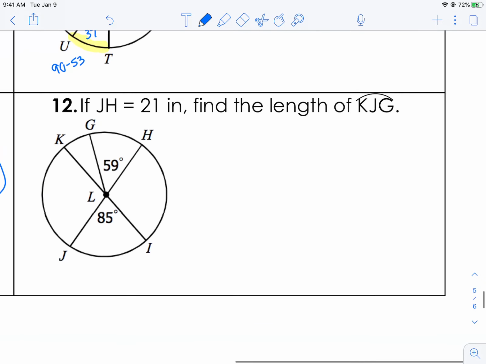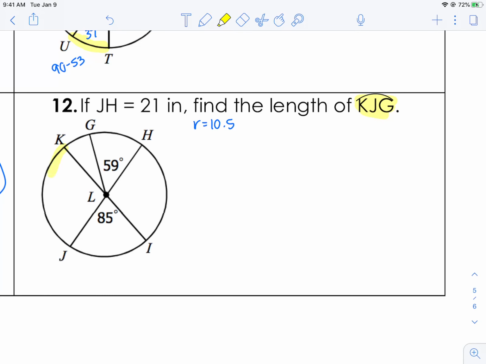Okay, and then the very last one, so JH, that's the diameter, is 21, so that means the radius is half of that, which is 10.5. And I want to find the length of KJG.